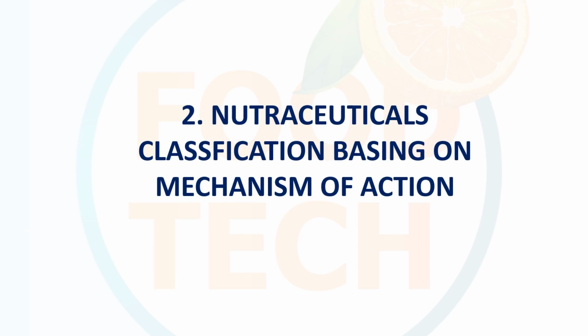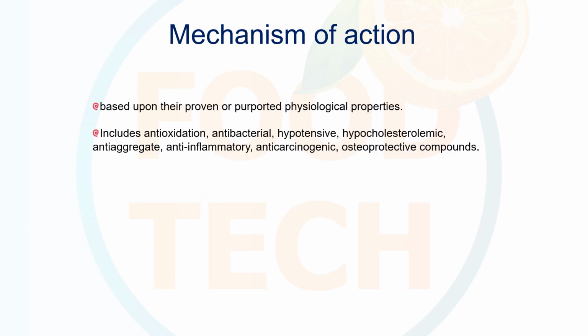Next is the classification of nutraceuticals based on the mechanism of action. This is done with proper physiological properties. For example, ascorbic acid is a good antioxidant, so it aids antioxidation in your body. By that mechanism we can classify it as an antioxidant.